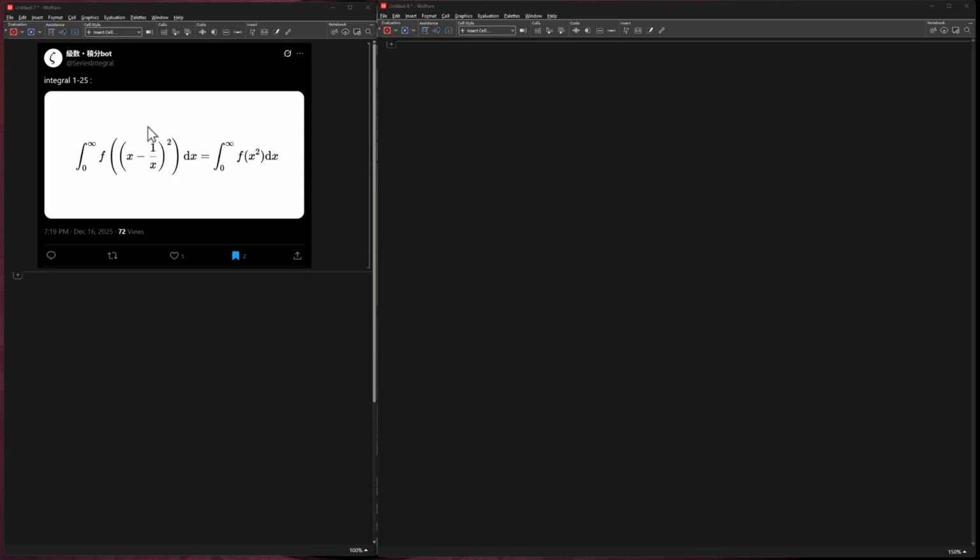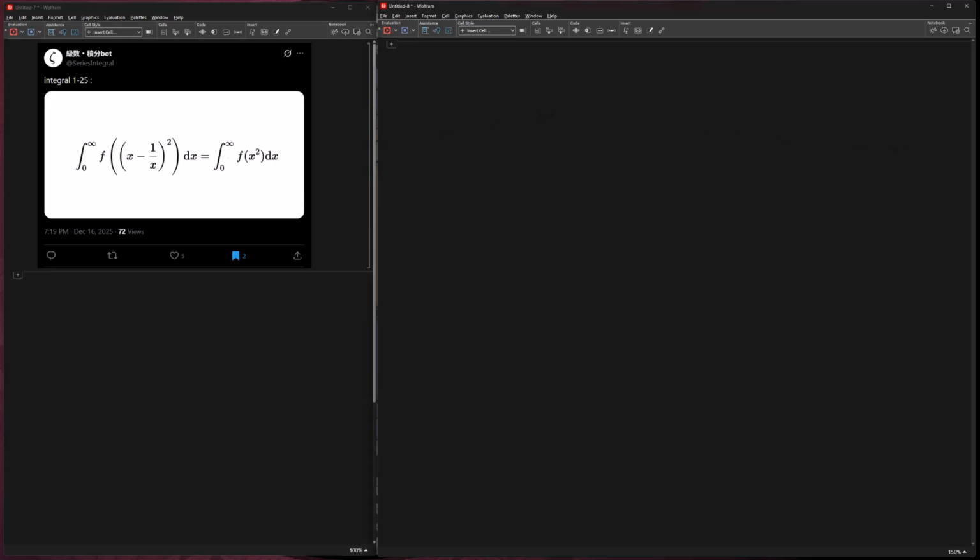If you look at the left-hand side of the equation, let's replace x minus 1 over x with a variable u, and then we want it to look like f(u squared) du. In some way, we convert dx in terms of u, so that the left-hand side will look exactly like the right-hand side.